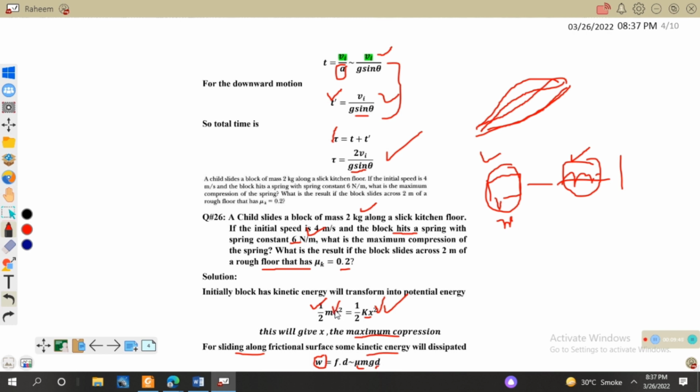So 1 by 2 mv square is the total energy minus this energy which is utilized, and the remaining energy will be converted into the spring's compression energy or potential energy, because some energy of this moving block will be dissipated against friction, and the other energy will compress the spring. Plus, during compression again some amount of energy will be utilized in overcoming friction.